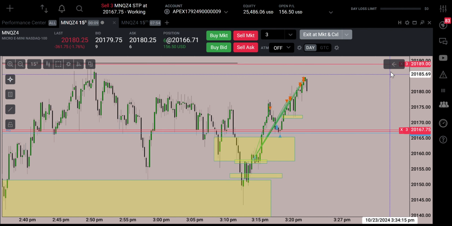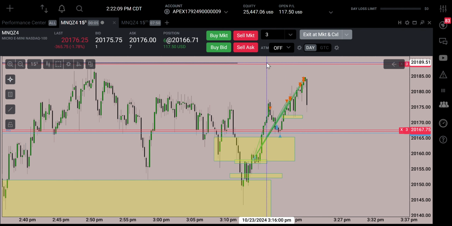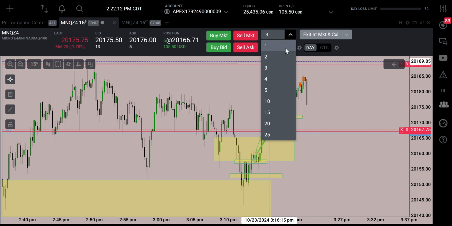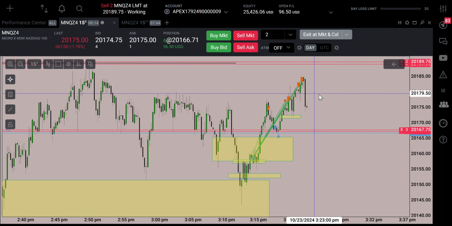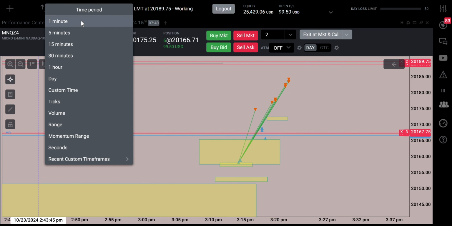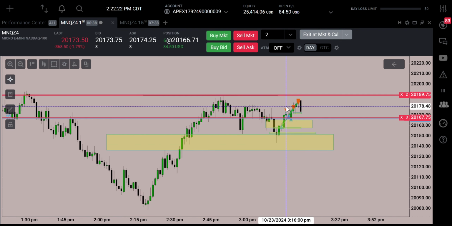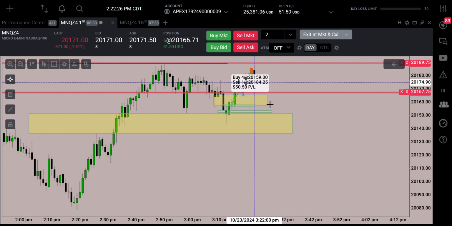And now we got 3 there, and we're probably going to take off all 6, or we'll just leave like 1 runner if we can get it, because there's always a chance it'll come back and take us out before it allows price to reach that high, or maybe it won't reach that high and price is wanting to continue lower.